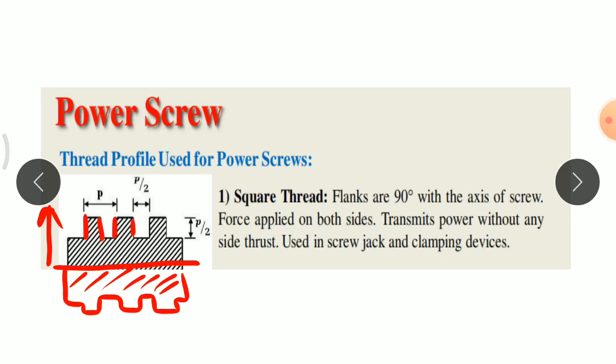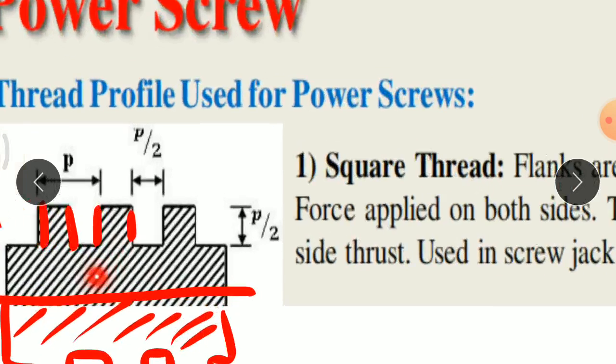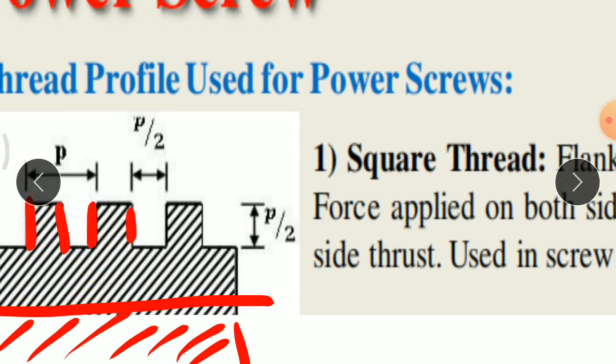This operation is expensive compared to a multi-point cutting tool. The second disadvantage is that the strength of the screw depends upon the thread thickness at its core diameter. The thickness of this thread is less than the trapezoidal thread, which decreases the load carrying capacity.